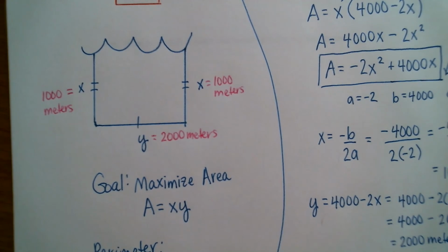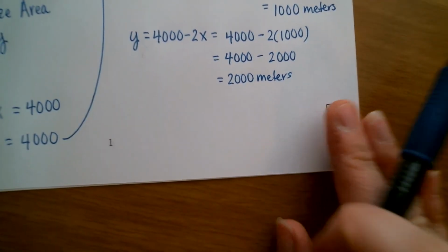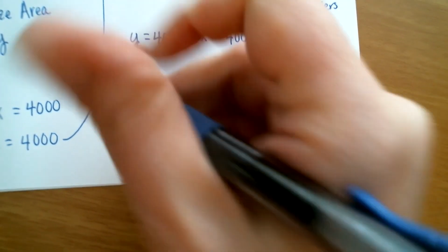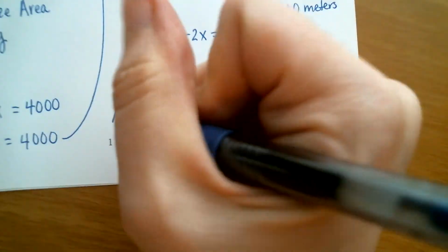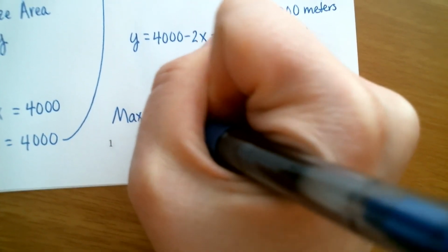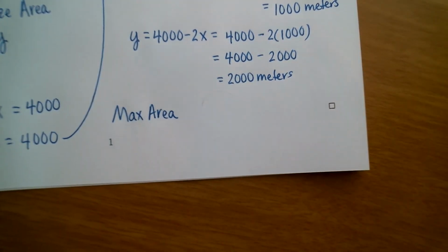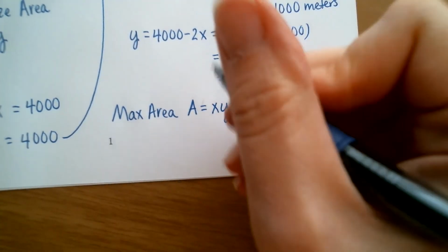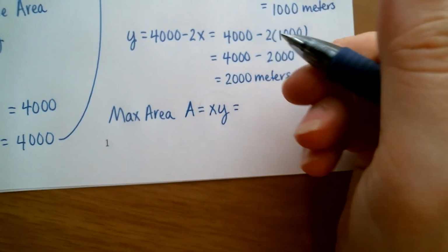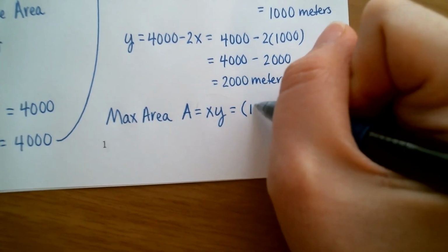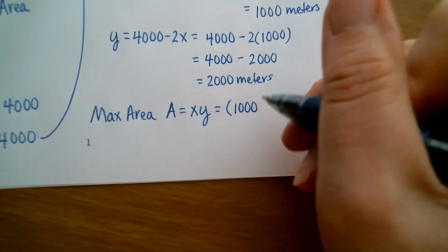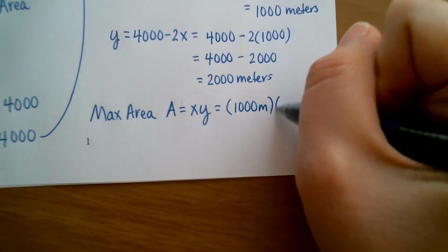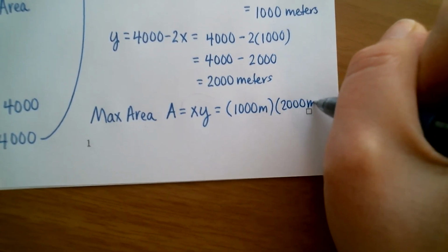If we want the final answer, the max area, we have to plug into the area equation. To get the maximum area, it's x times y, so we need to do 1,000 meters times 2,000 meters.